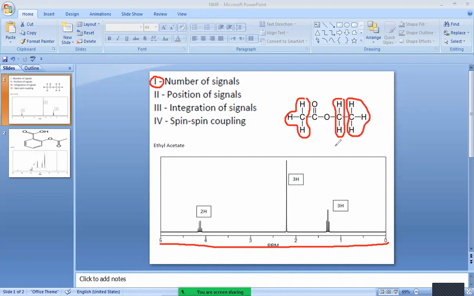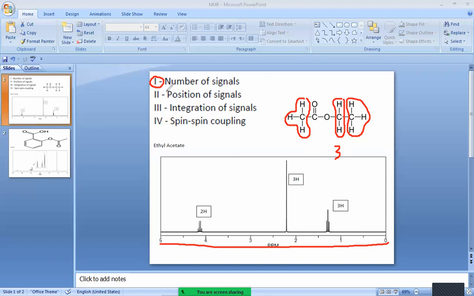So this tells us that we have 3 signals. The number of signals can be detected by finding out how many different groups of equivalent hydrogens we have. Here we have 3 different groups of equivalent hydrogens.